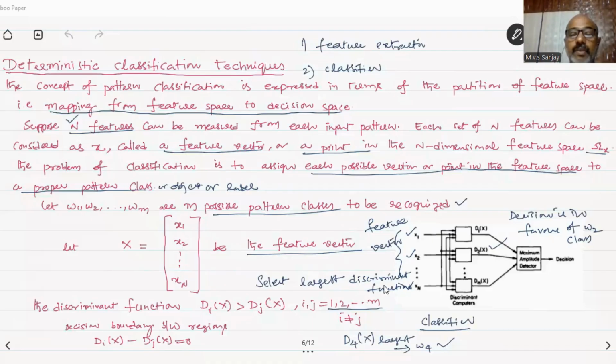So now, the block diagram is a classifier. At the left side, there is a feature vector, and there are discriminant computers called d1 of x, d2 of x, and so on, dm of x.